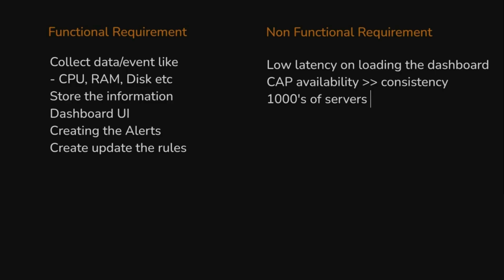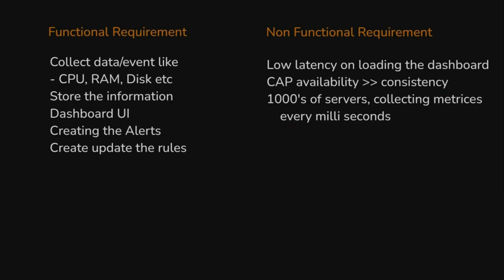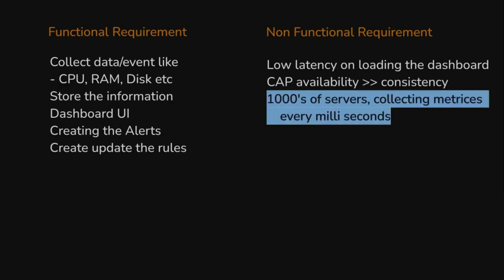Let's say for these thousands of servers we collect metrics every millisecond. Now you can see this would be a very high number if we are collecting, let's say, these three metrics like CPU, RAM and disk every millisecond on these thousands of servers. Maybe you can get into the calculations, but that's not what we want to focus on in the beginning.